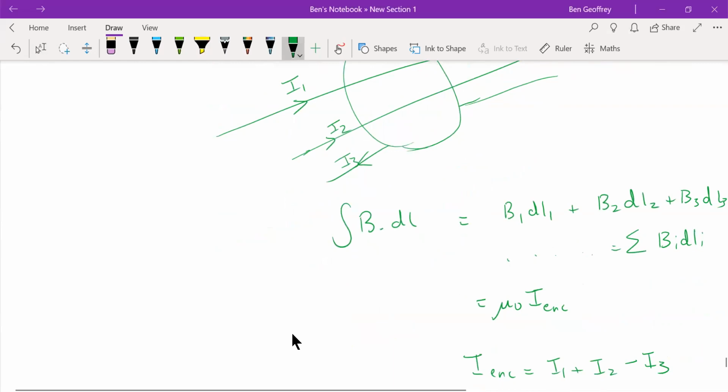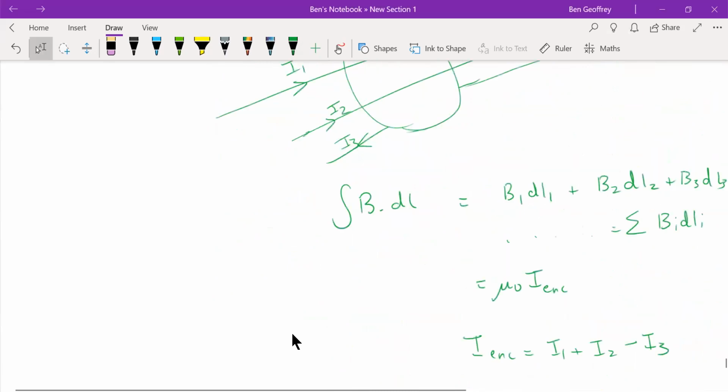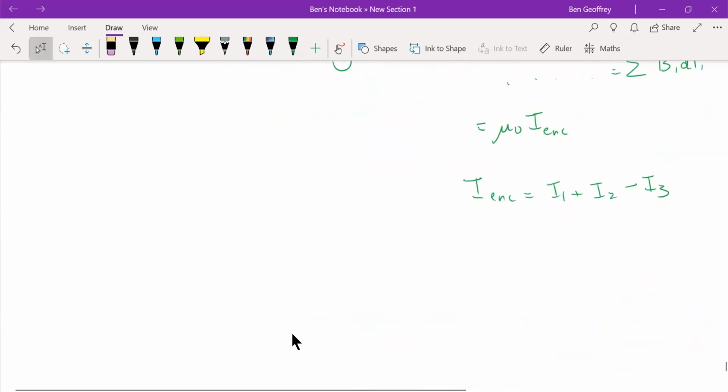So this is what it means. This Ampere's circuital law is given here, so let me rewrite it. This forms the fourth Maxwell equation, μ0 I.